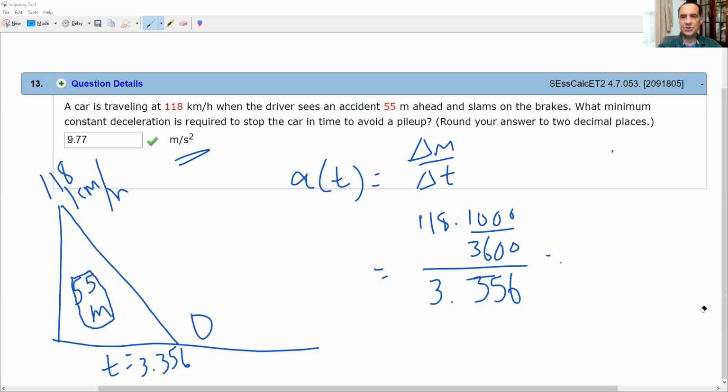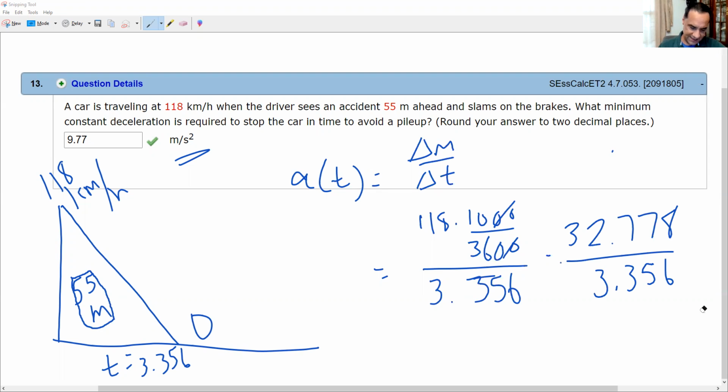This is just getting too complicated for me. It's a complex fraction, but I'll just reduce it down to decimals. I ended up getting 118 times 10 divided by 36, which is 32.778. Then I have to divide by 3.356. Once I did that, the answer turned out to be 9.766, which is 9.77, the correct answer.